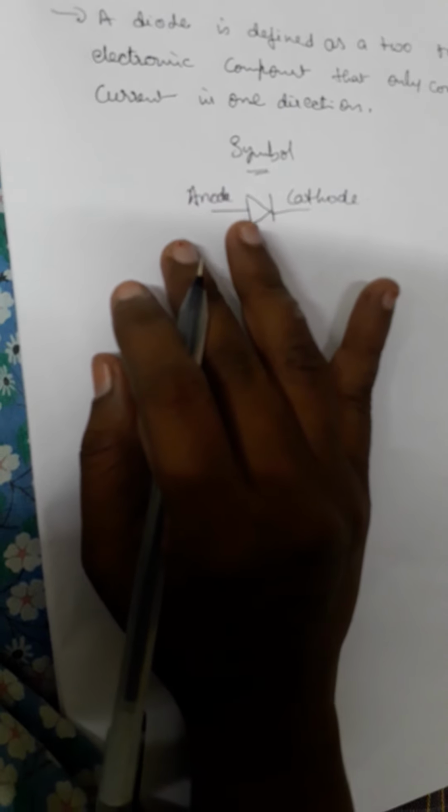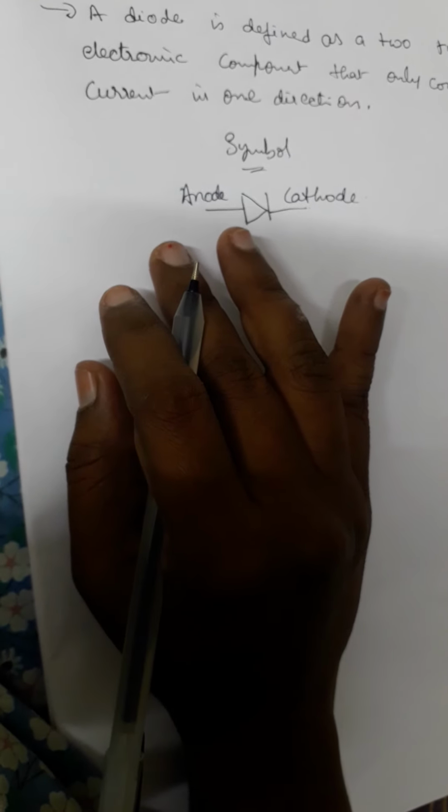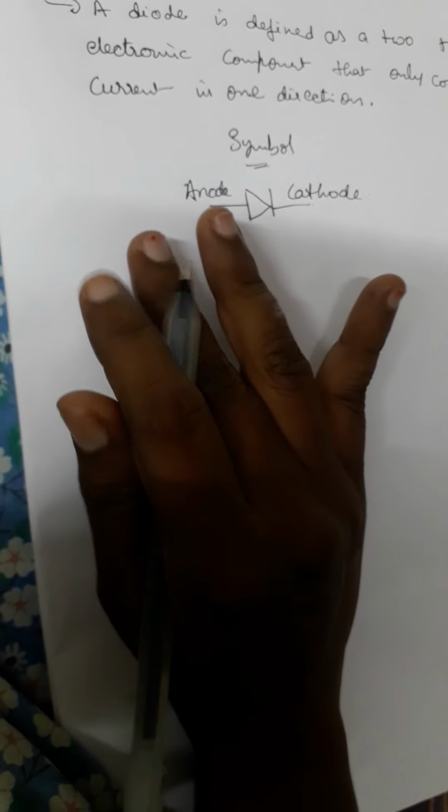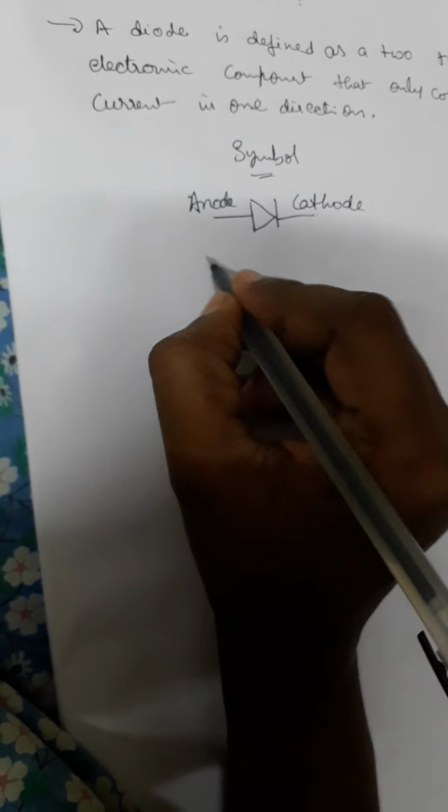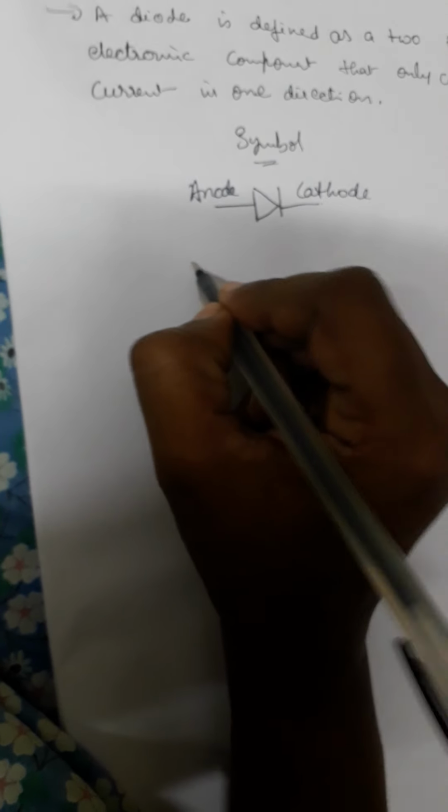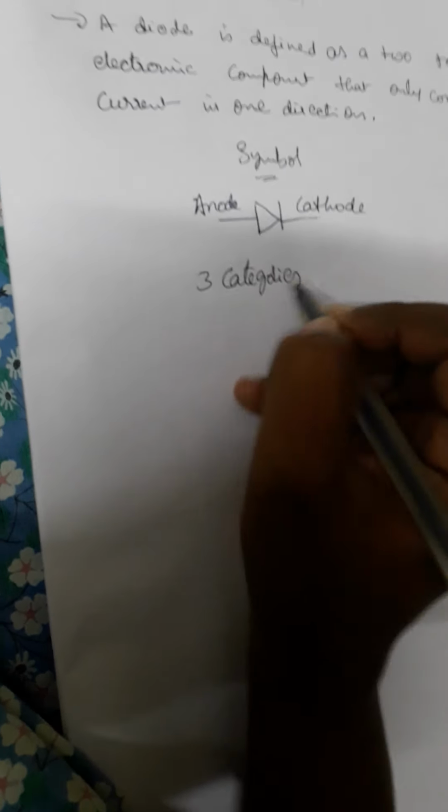Next, working principle of a PN junction diode. What is the working principle of a PN junction diode? The working principle of a PN junction diode can be broadly understood under three categories. What are they?